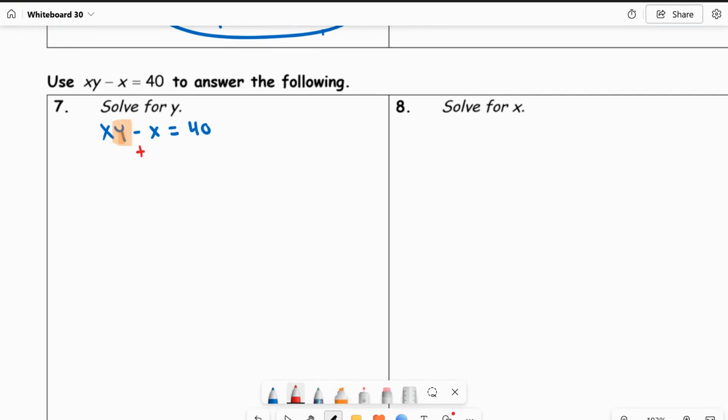First thing I'd like to do here is let's add x to both sides to get xy by itself. So now on the left side, I have xy equals, once again, I'll write my variable first, x plus 40. Now, trying to get y all by itself, let's divide the coefficient, which in this case is x.